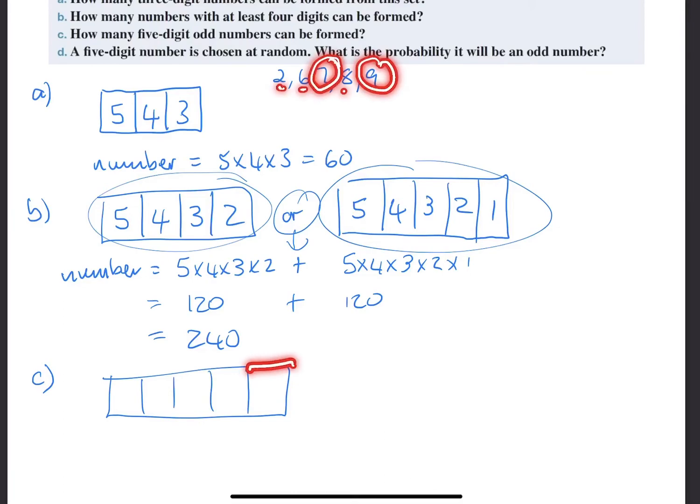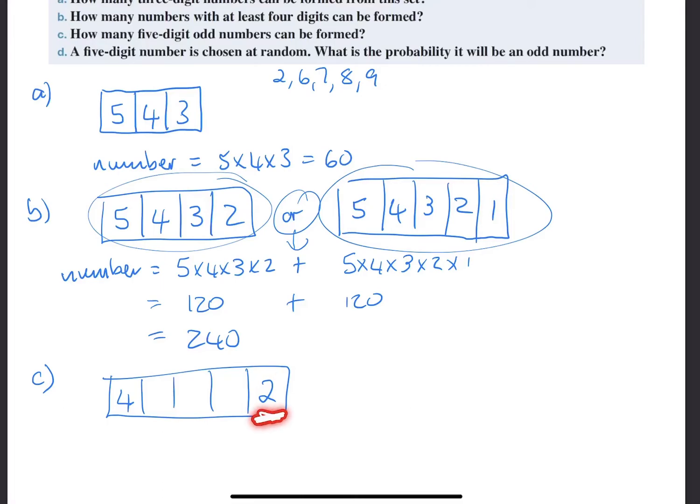So the first box I'm going to look at is the ones, and I see that I have 2 choices there. I have to fill that space first, because the only way I can have an odd number is if one of those 2 is there. So this is the first priority.